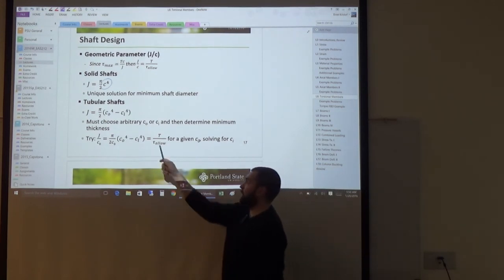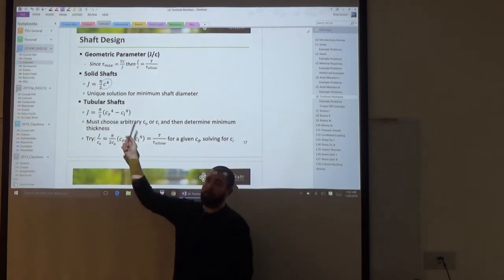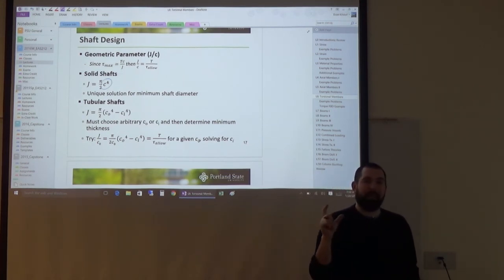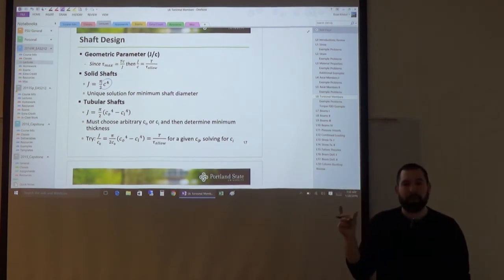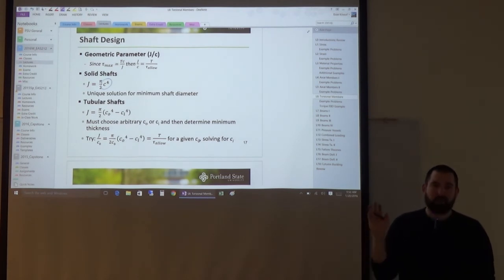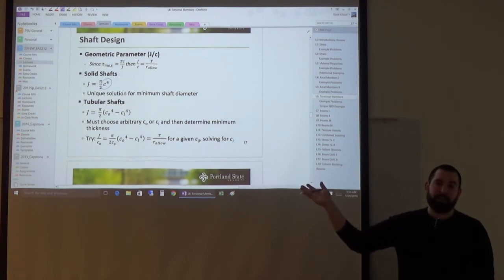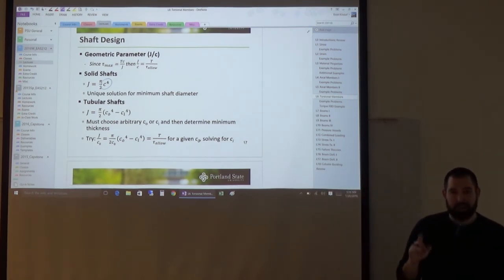Now when we have a tubular shaft, the polar moment of inertia is based off both the outside dimension and the inside dimension. When I say dimension, I mean radius or diameter. So in that case, if they ask you for the minimum dimensions, that's kind of tricky because you would need to pick either the outside radius or the inside radius first, set it, and then solve for the other one. There's not a single unique solution for that.